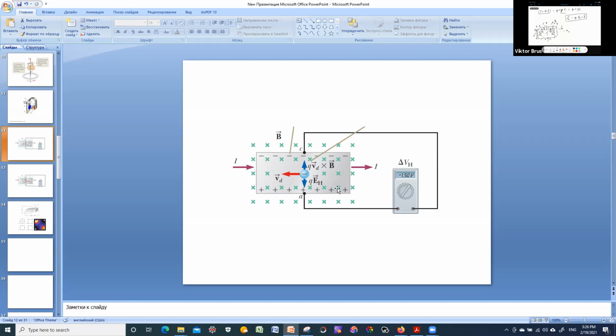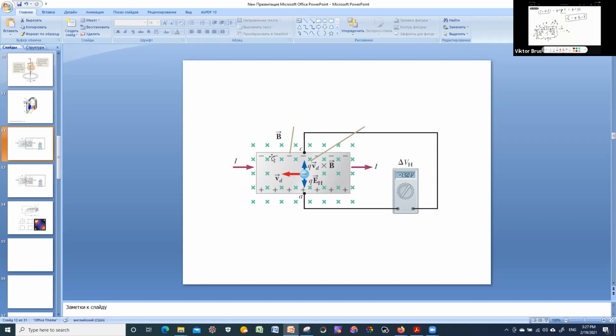So that potential difference which will be created between these two edges, between point C and point A, will create some internal electric field, which is called the Hall field, and there will be some electric force acting on these charges because of the internal electric field, perpendicular to their velocity vector.